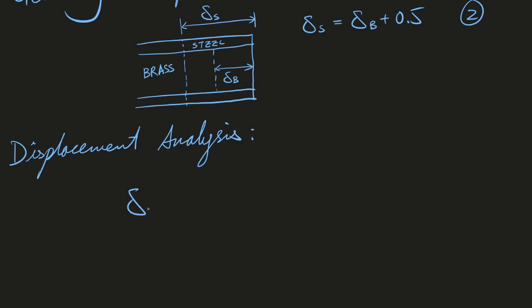This is where I can say the change in length in steel is equal to the P delta relation, which says P, the force in steel times original length of steel, all divided by the cross-section area of steel, as well as Young's modulus of steel.